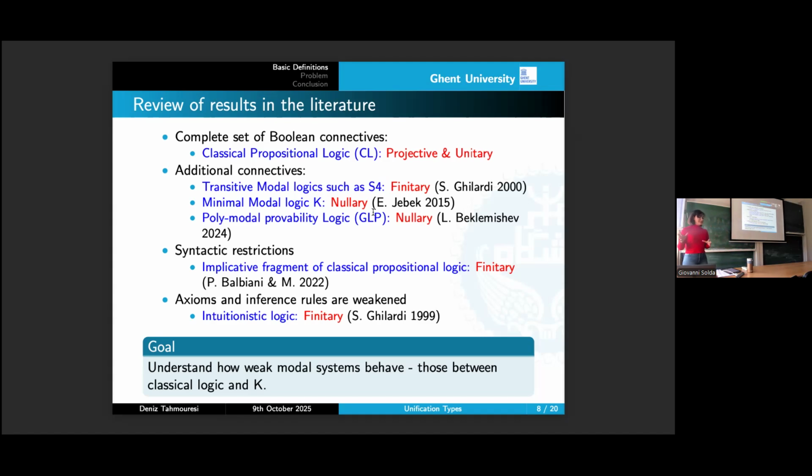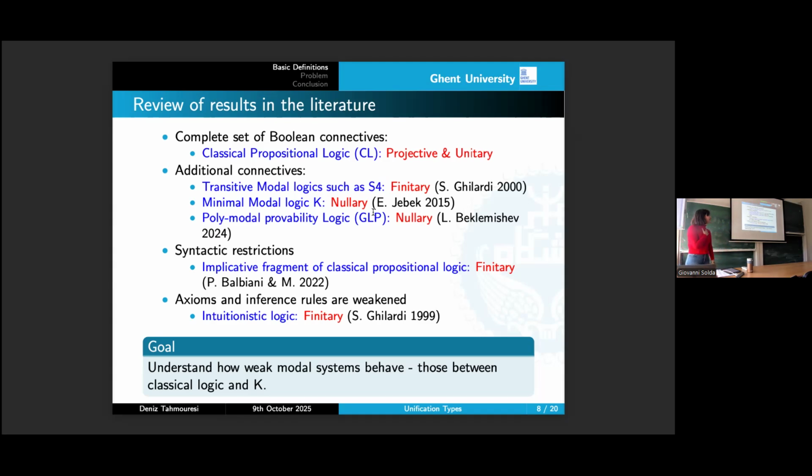So adding box also brings some axioms and rules which can make the unification type a little more complex than before. And also when we remove some operators, or add some restrictions to the logic.